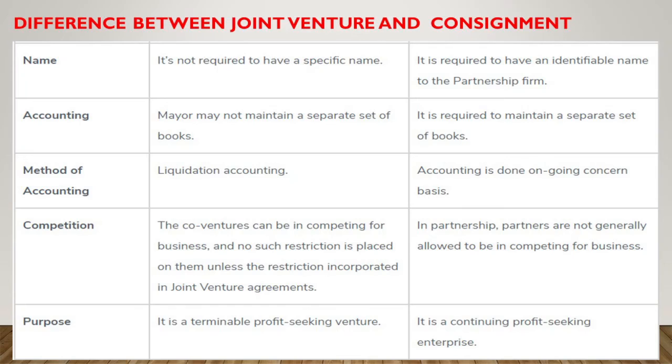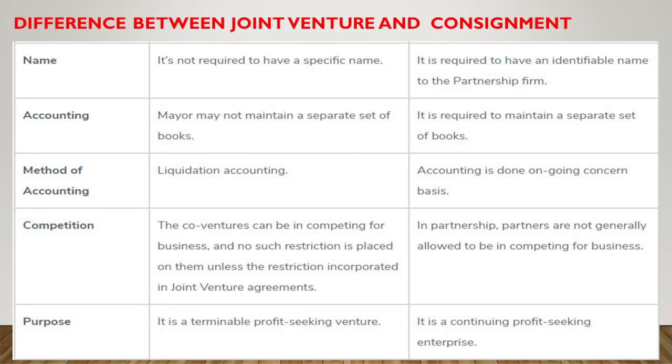If I want to start a banking business, then I have to come out from the partnership and start it on my own. So that is called competition. Purpose: a joint venture is a terminable profit-seeking venture, terminated in a very short time, but partnership is a continuous profit-seeking enterprise.